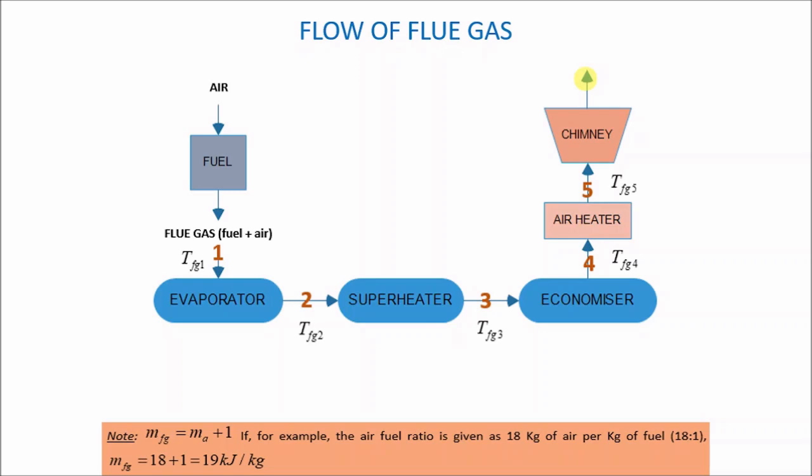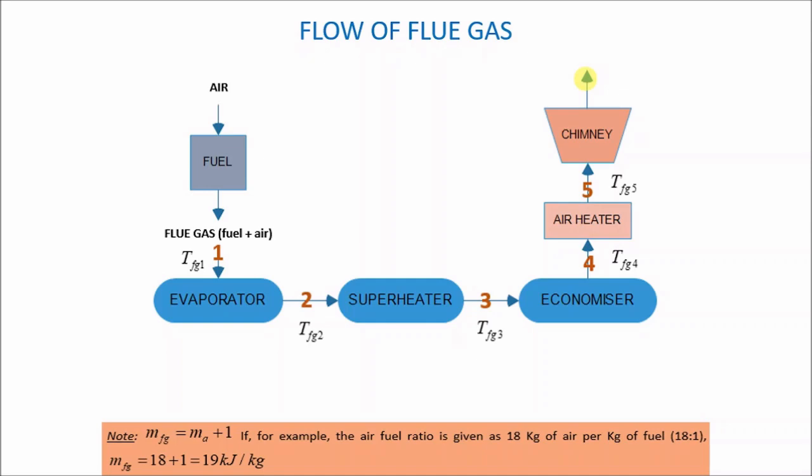Sometimes they may also refer to it as the boiler room temperature. That is still the atmospheric temperature. It's the temperature that you have in the open. Sometimes in some questions they may call it atmospheric temperature. In other questions they may refer to it as boiler room temperature. It's the same thing, okay? Really, really important to know that.